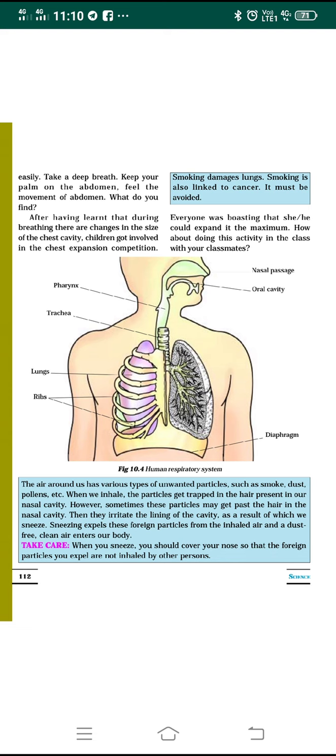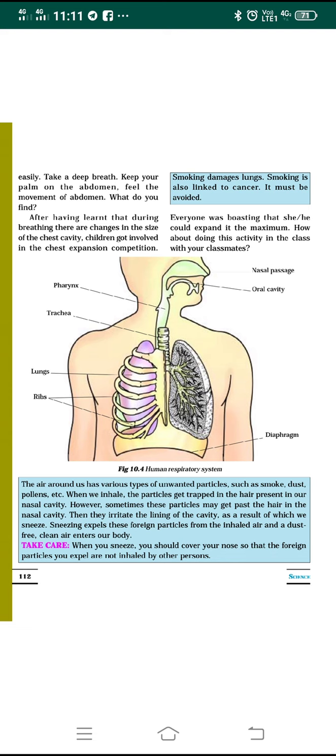The air around us has various types of unwanted particles, such as smoke, dust, pollen grains and other things. When we inhale, these unwanted particles get trapped in the nasal cavity. Sometimes they get stuck and start irritating the inner lining of the nasal cavity.